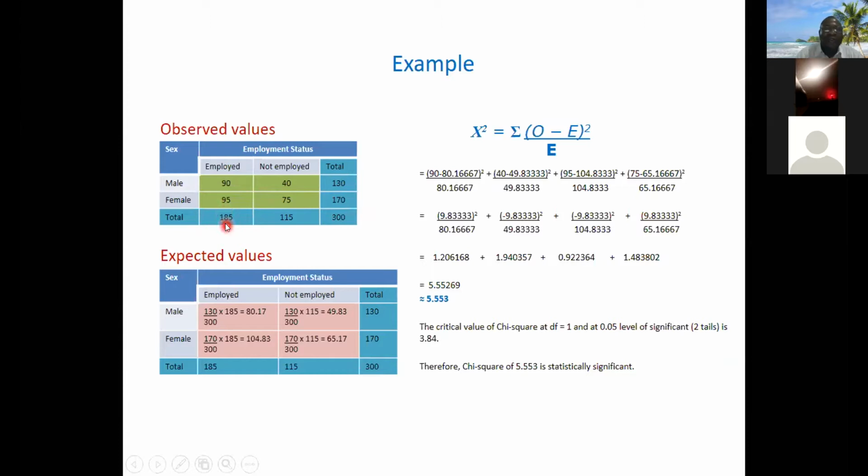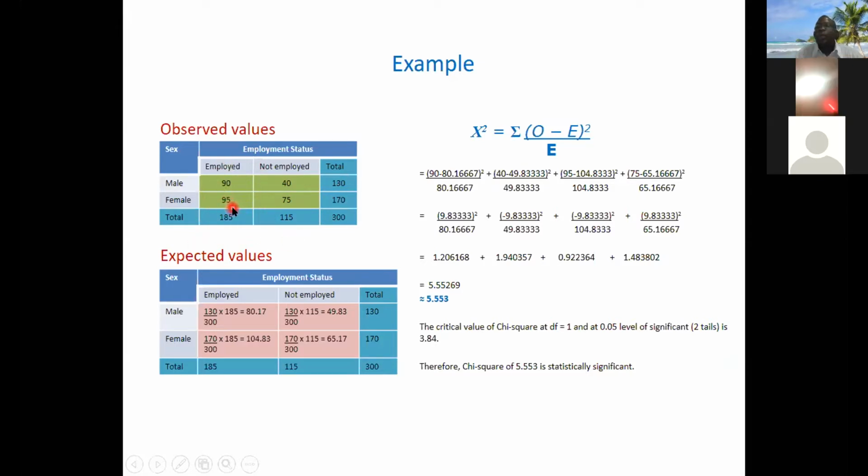You add them together, it's 185. 40 males are not employed, 75 females are not employed. You add them together, it gives you 115. Or you say 90 males are employed, 40 males are not employed, add it, 130. Or 95 females are employed, 75 are not employed. Whichever way, but the values in the middle are the ones we are interested in.